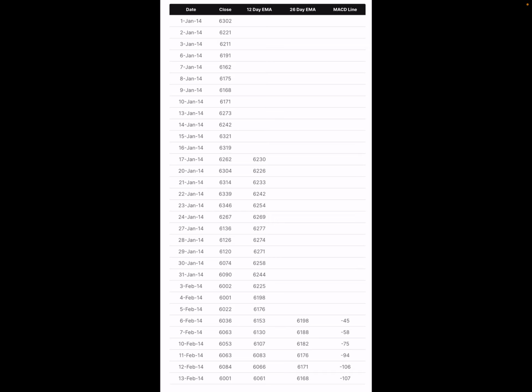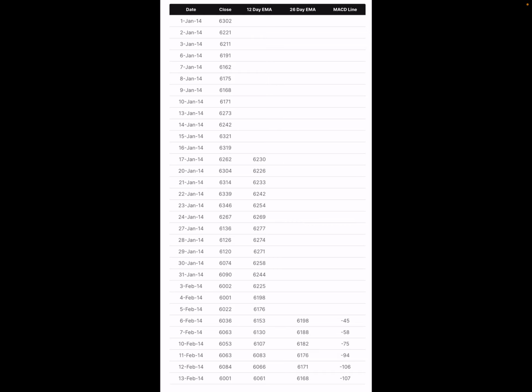We leave the first 12 data points of the closing price of Nifty to calculate the 12-day EMA. We then leave the first 26 points to calculate the 26-day EMA. Once we have both the 12-day and 26-day EMA running parallel to each other, on 6th February 2014, we calculate the MACD value.